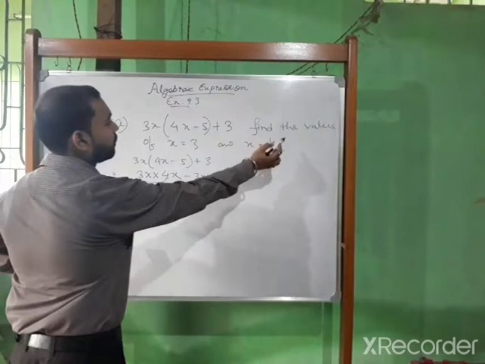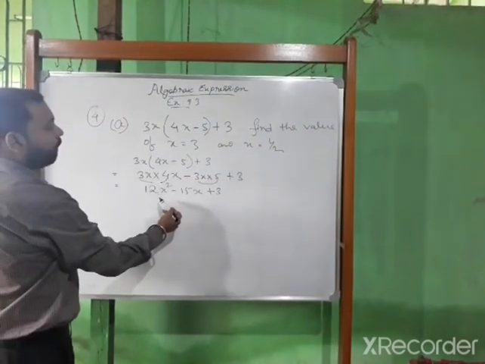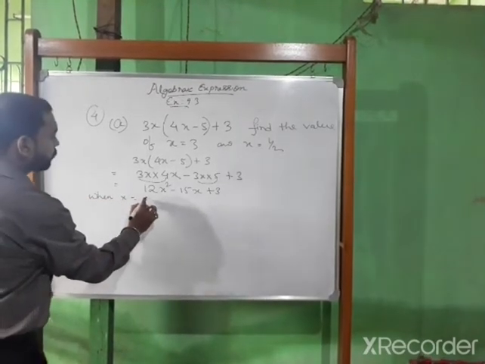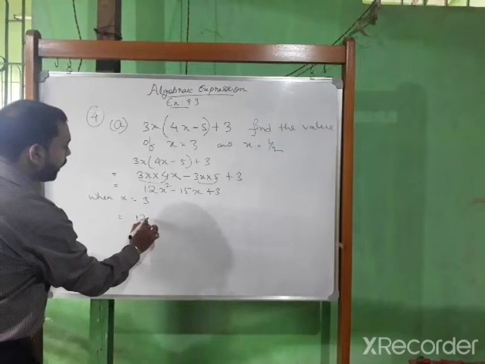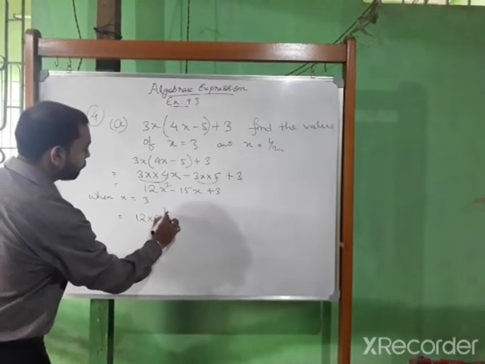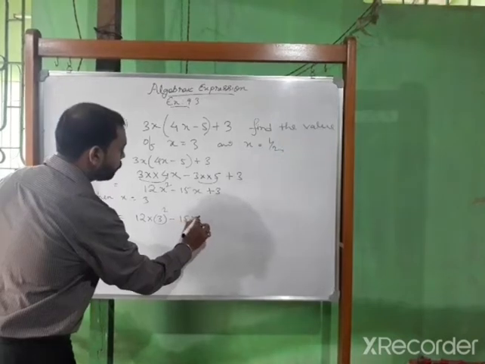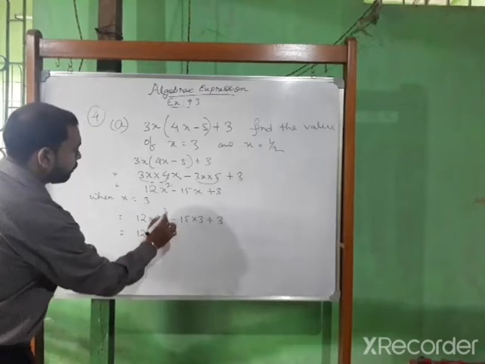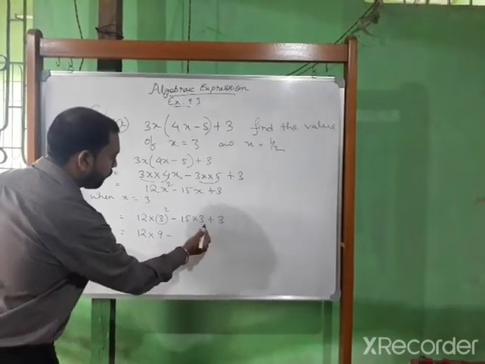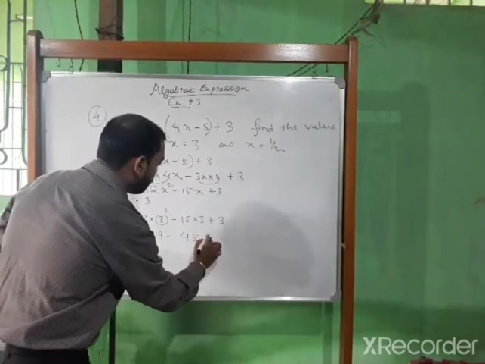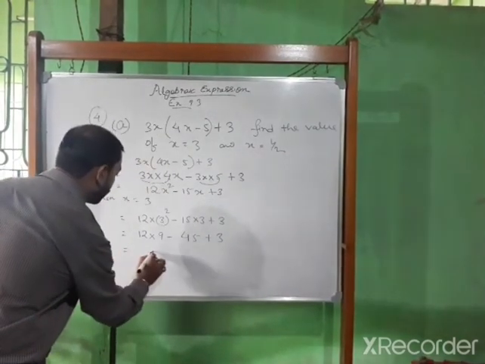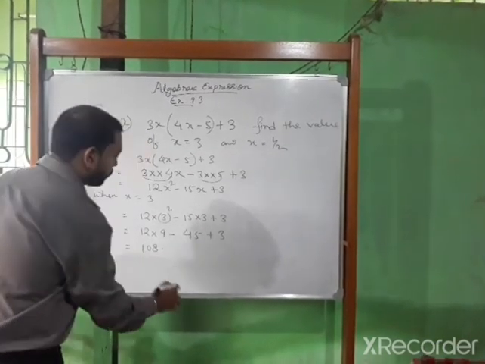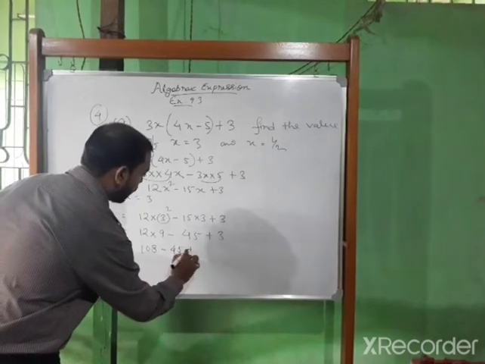Now they have asked to find the value of this expression when x is equal to 3. So what will this expression become? 12 into 3 square minus 15 into 3 plus 3. So 12 into 3 square means 9, so 108, minus 15 times 3 is 45, plus 3.